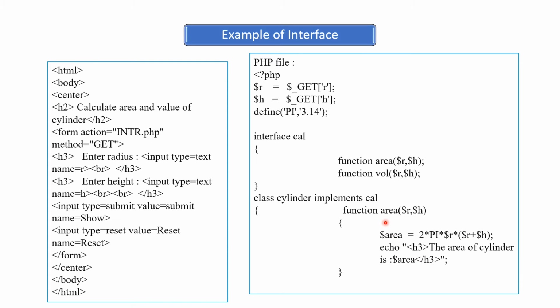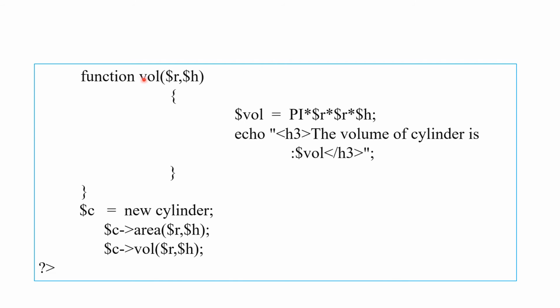In this class you define the method area, which was declared earlier in the interface cal, and pass the parameters. Area is equal to 2 pi r times (r plus h). By using this formula you can calculate the area of the cylinder, and another function is the volume.